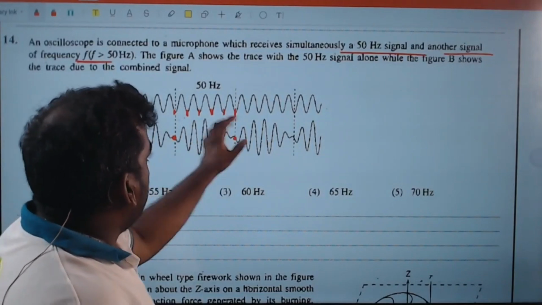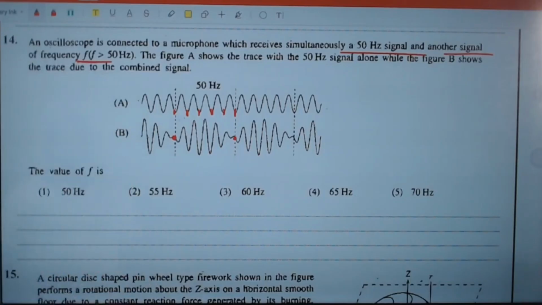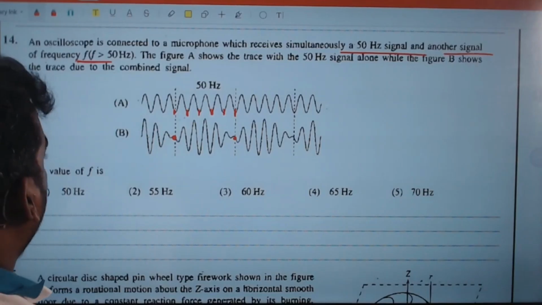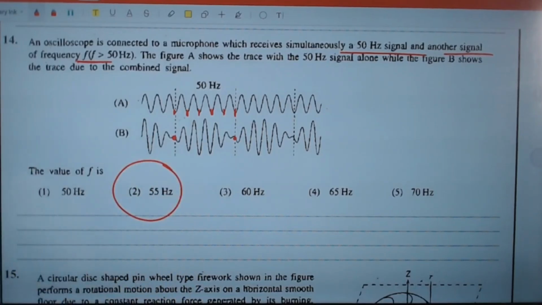This cycle will repeat every 5 cycles. So what is your answer? It's either 55 or 45. So the most suitable answer is answer number 2.